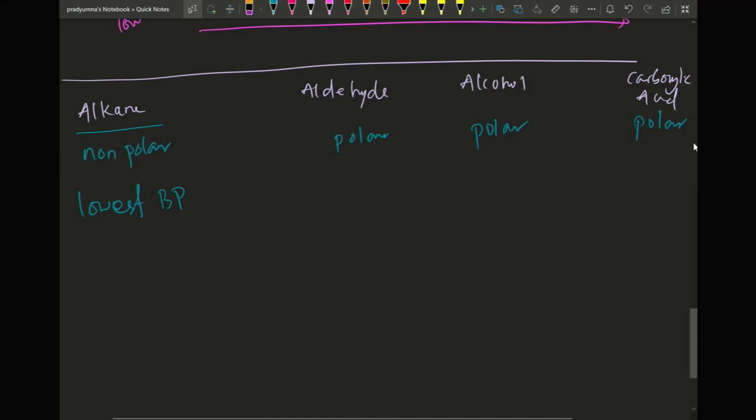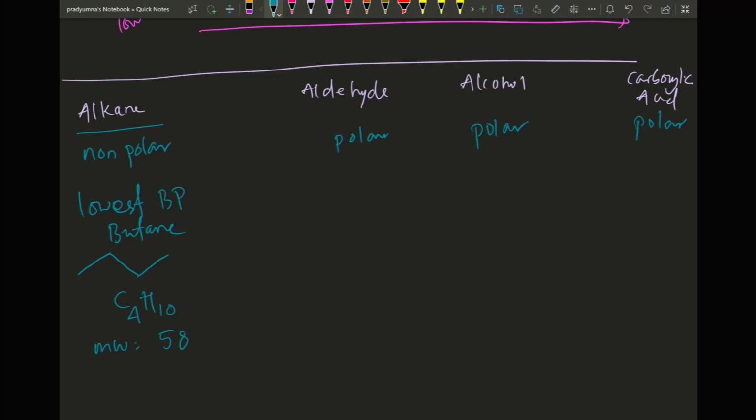So here is one example we're going to talk about. Butane. Butane is C4H10, so the molecular weight is 58, right?